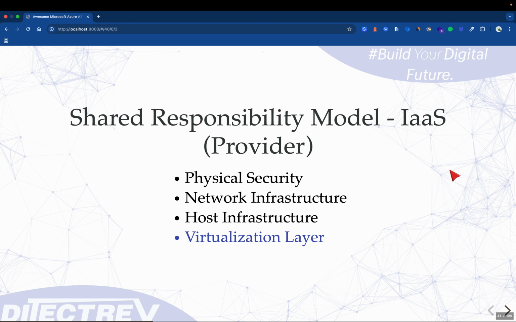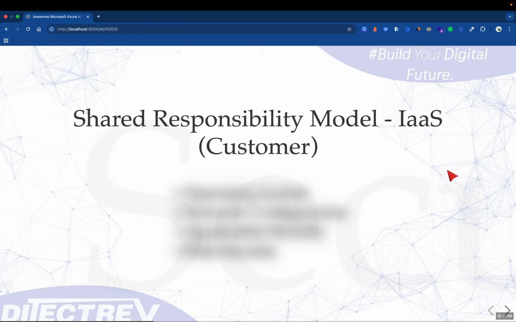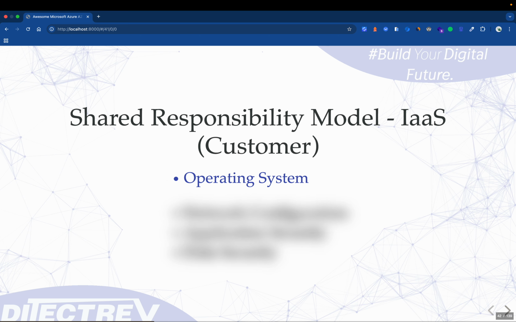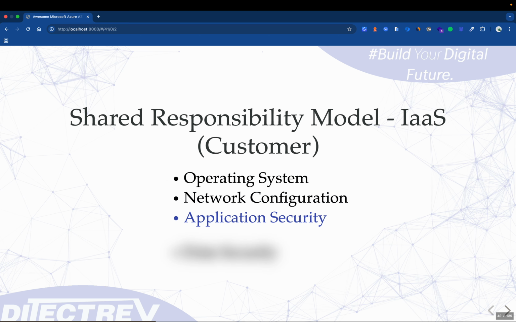This is all on Microsoft Azure. You don't need to care about it in the IaaS model. But what you have to care about is the operating system, the network configuration, the application security, and the data security.